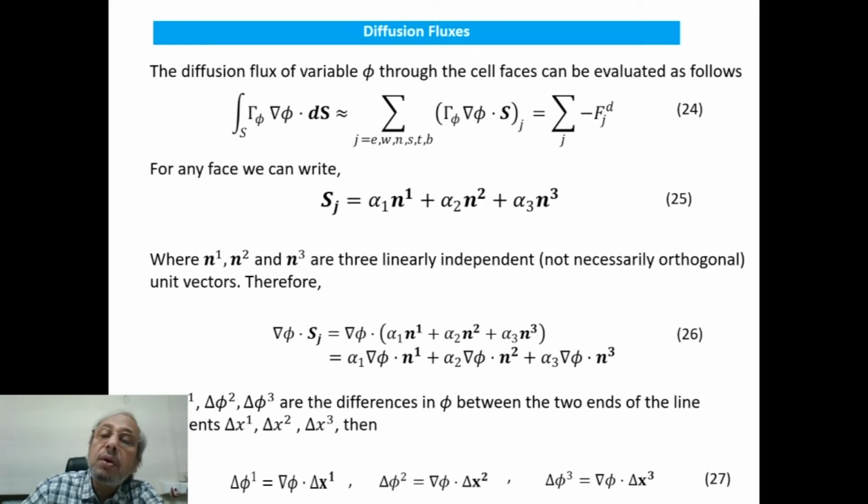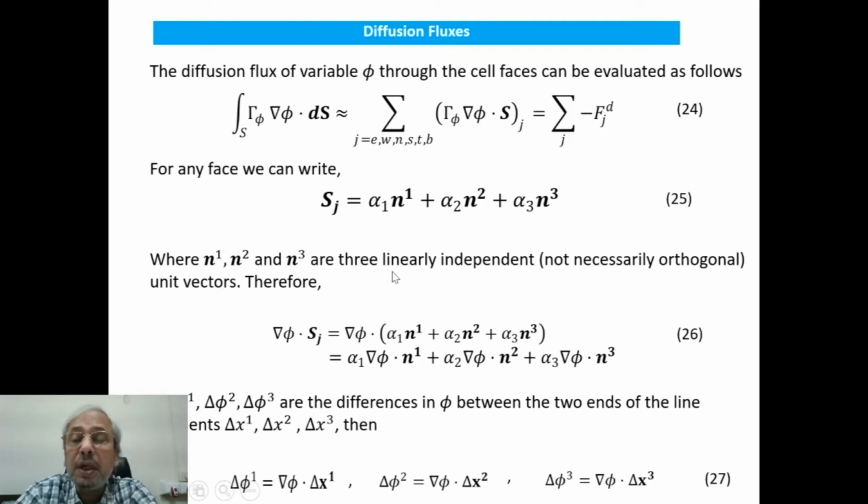And so we can write it finally as the summation of these diffusive terms. Any phase given by Sj we can write as alpha 1 into n1 plus alpha 2 into n2 plus alpha 3 into n3, where n1, n2 and n3 are three linearly independent unit vectors.